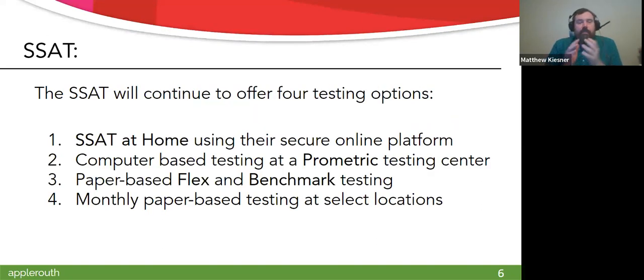The SSAT made some changes back in 2020 due to the pandemic, and those changes are staying consistent. So just know that there are different ways that students can test. There will be the SSAT at home. That was their way of mitigating pandemic restrictions by having students test at home, and that will still be a thing.